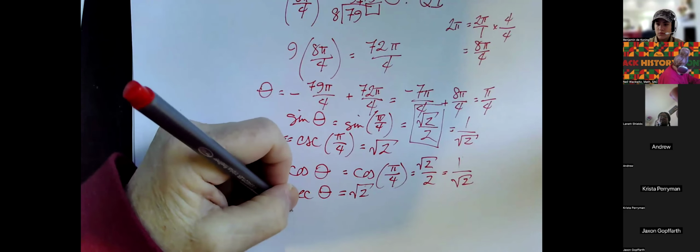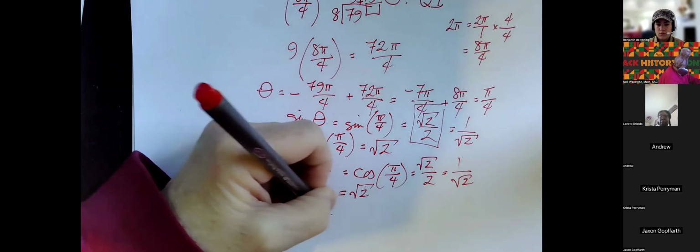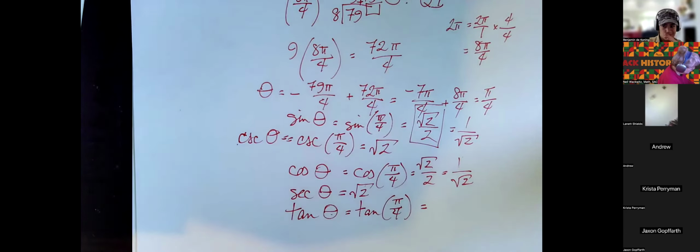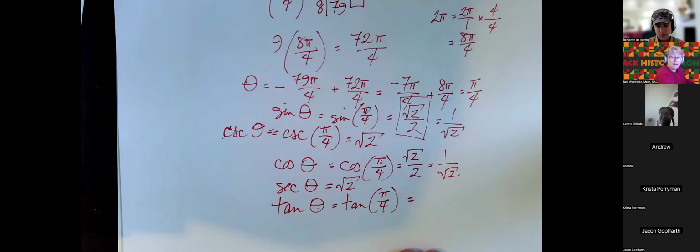Either way that you think of it, the tangent of pi over 4, anytime sine and cosine are the same, what is the tangent?